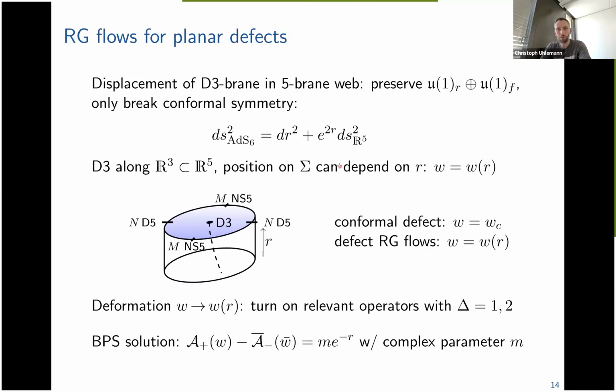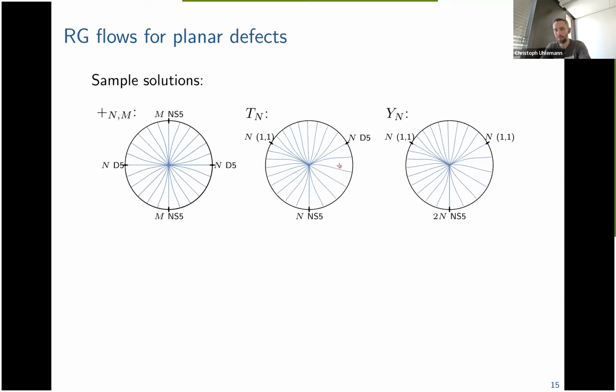Very good. So for the graph here, this one is what you're having in mind? Yes. So what you can have is, with a single D3 brane, let's say this curve here, it's not a legal curve because the D3 can't just end here. If you have two D3 branes which sit at antipodal points of the S2, they can meet here basically.